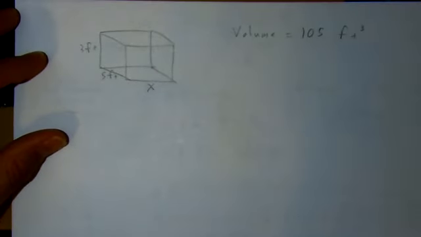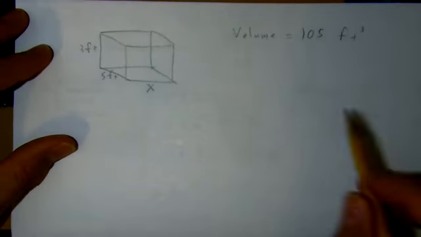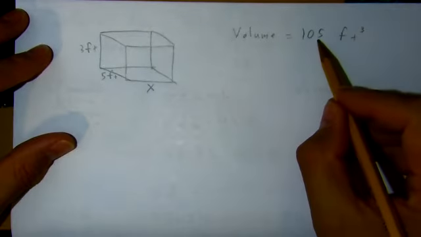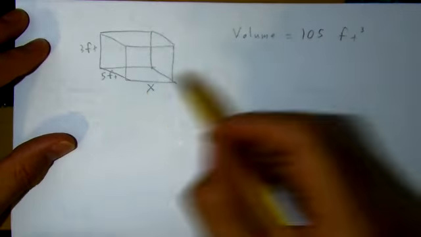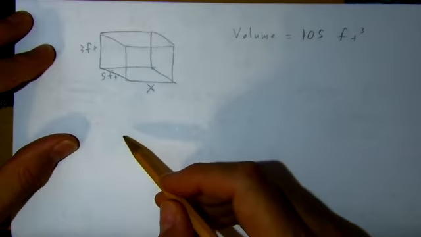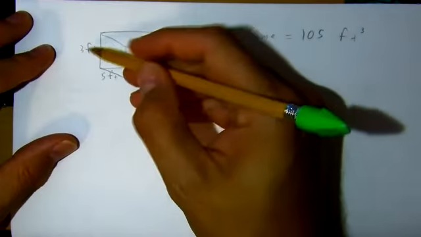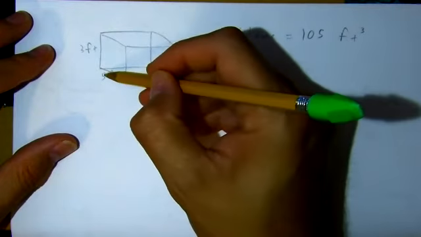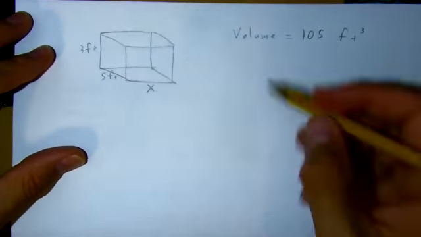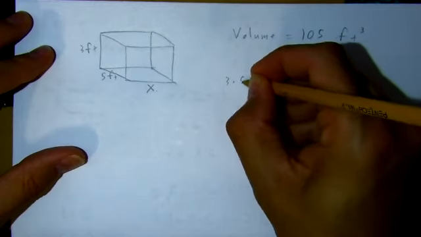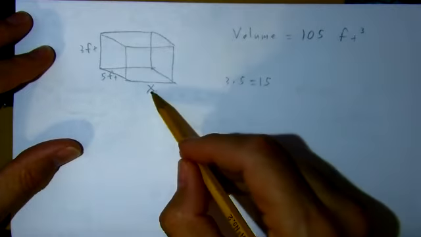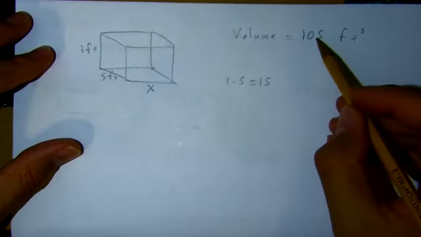Anytime, not just with geometry, anytime you're given what you would normally be finding as the final answer, and you've got to work backwards, you always just do the reverse of what you would normally do. So we can start off by multiplying these two. We can't multiply that because we don't know what it is. So we can start off by saying 3 times 5. Now, normally we would multiply this last number to get this number.